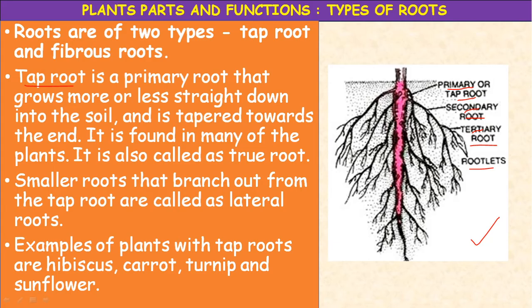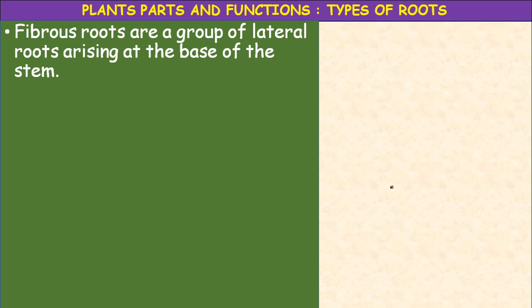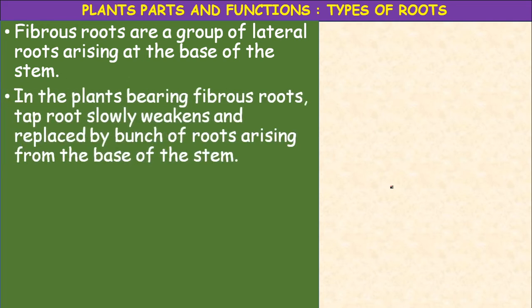They possess a taproot. Next type of root system, fibrous roots. The fibrous roots are a group of lateral roots arising at the base of the stem. There is no main root. In plants bearing fibrous roots, the taproot slowly weakens and is replaced by a bunch of roots arising from the base of the stem.